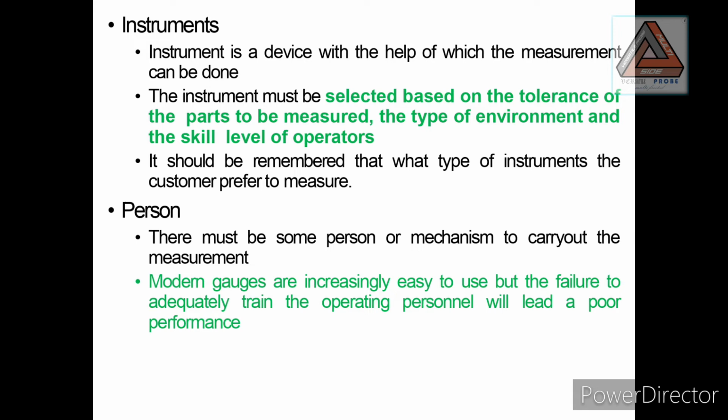Metrology is the science concerned with the establishment, reproduction, conversion and transfer of units of measurement and their standards. So these are the things we have to consider while measuring the equipment.